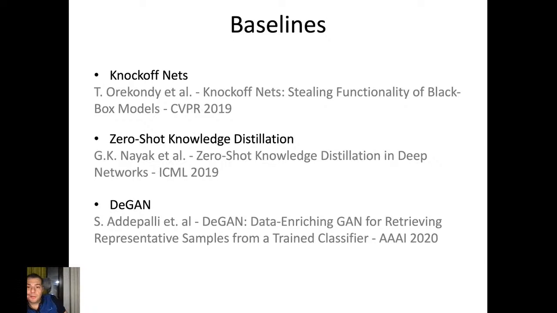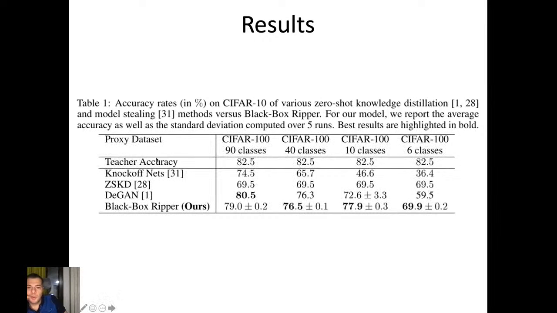We compare with some baselines from the literature. The only baseline that is also a black box, I think, is Knockoff Nets, and the other baselines have some partial access to the model.